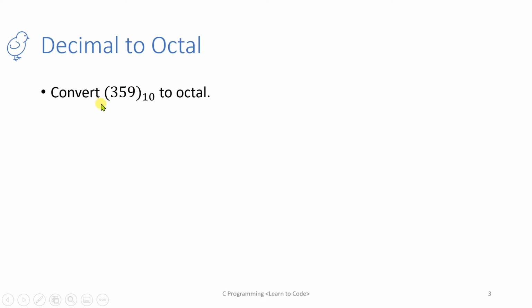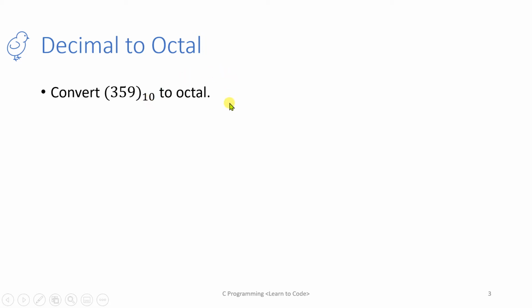Suppose I am asking a question. The question is convert 359 in decimal to its corresponding octal. Okay. So if you remember, in the last but one lecture, we were trying to convert a decimal number to its binary number.